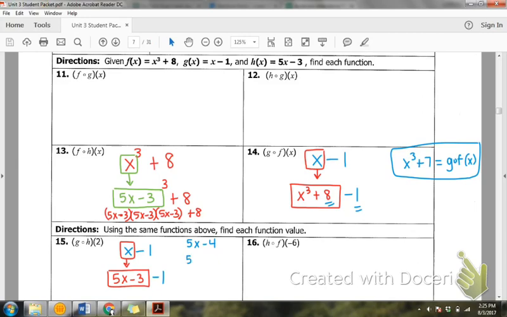So I have 5 times 2 minus 4. 10 minus 4 is 6. So I would write g of h of 2 equals 6. I'm putting my label on. Questions on number 15?